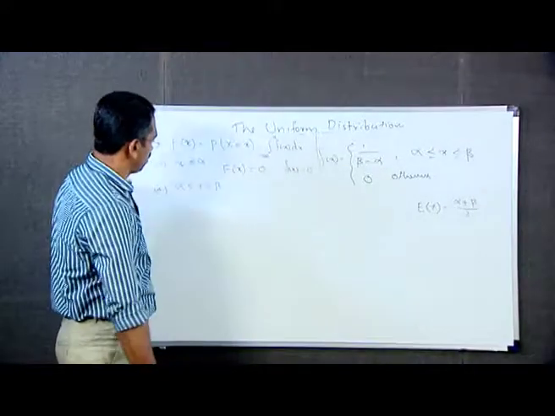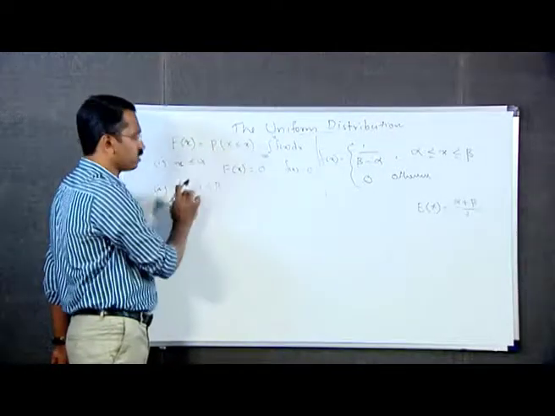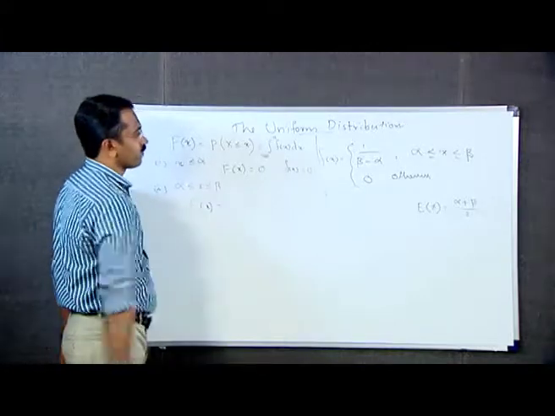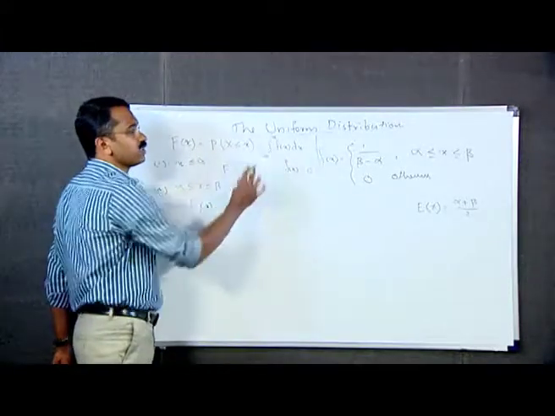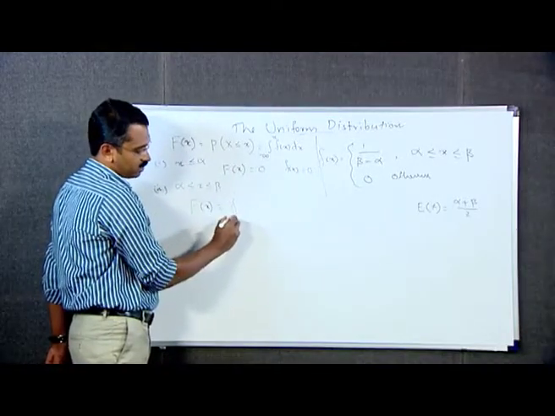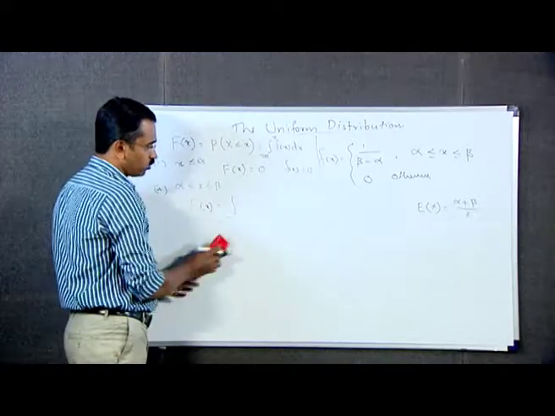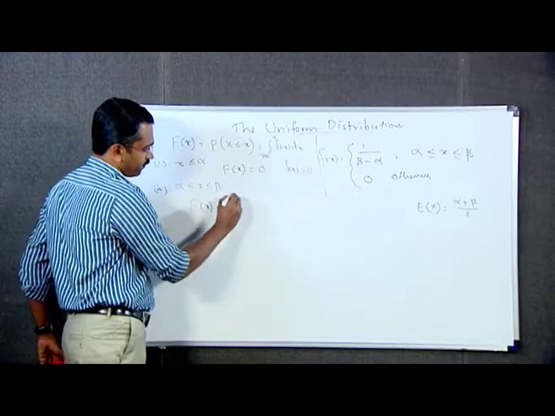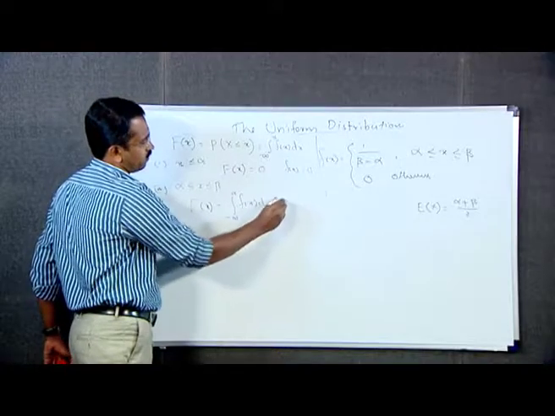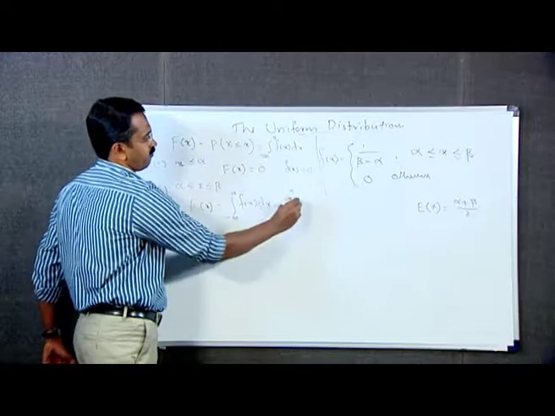Therefore, by the definition of cumulative distribution function, F of x is equal to the integral from minus infinity to x of f of x dx. We can write this integral as the integral from minus infinity to alpha of f of x dx plus the integral from alpha to x of f of x dx.